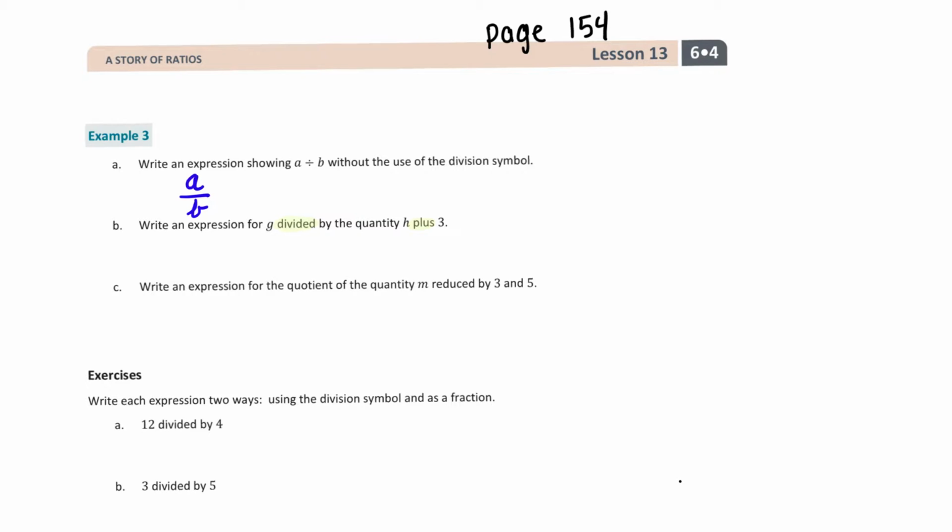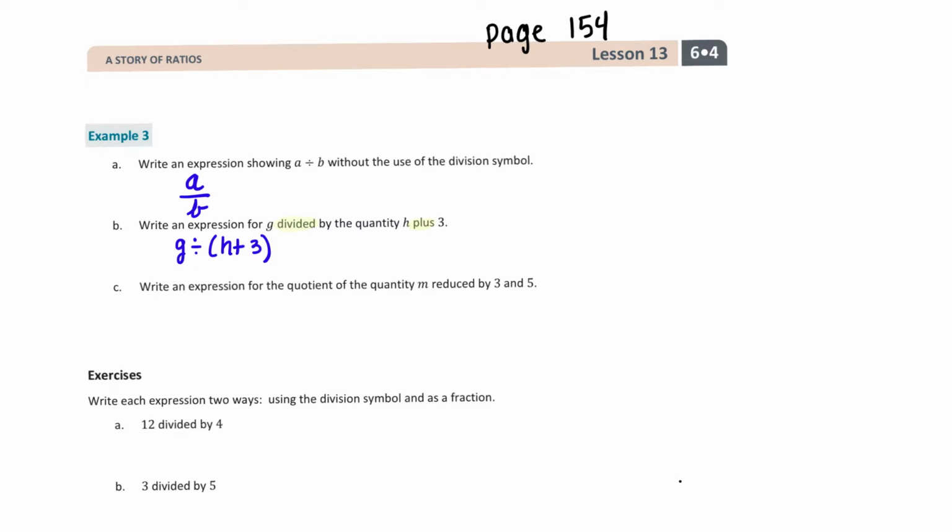Okay, so let's write it. We're going to write the expression for G. So let's do G divided by the quantity of H, so the quantity H plus 3.